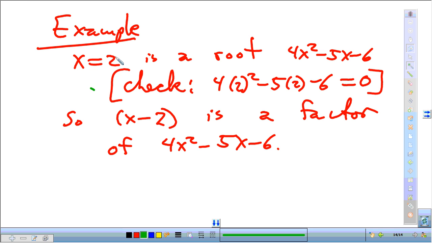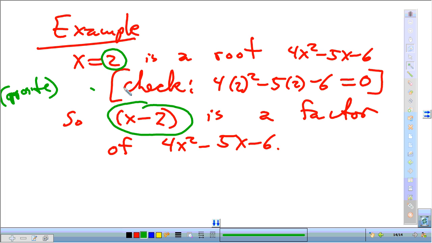Notice that the root and the way it appears in the factor are opposite sign. So root is plus 2, factor is x minus 2.